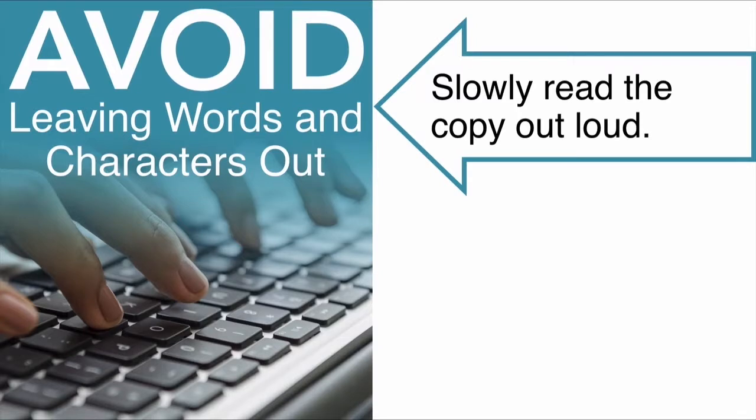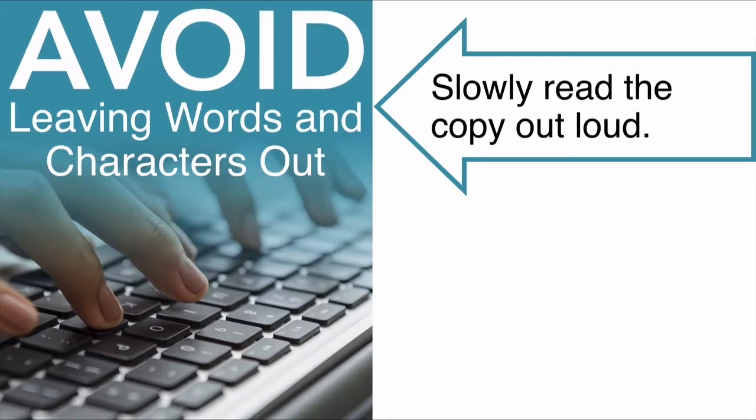So you read the copy out loud slowly, and oftentimes when you do that, the errors are very apparent. This is one way. Now, reading out loud is a great proofreading technique in and of itself, but especially when you're checking for omitted characters or omitted letters, right?